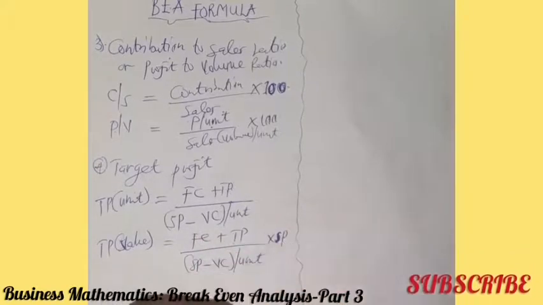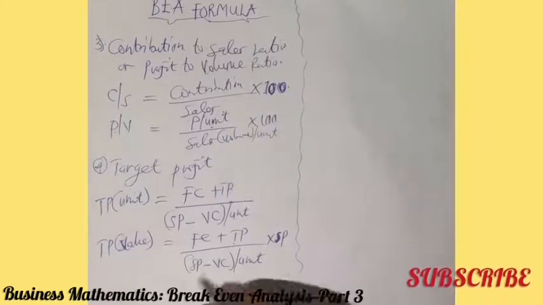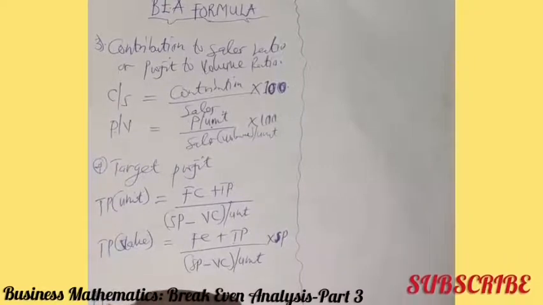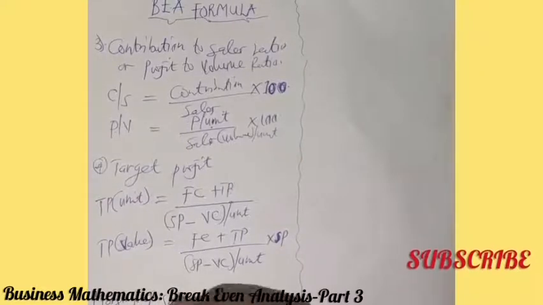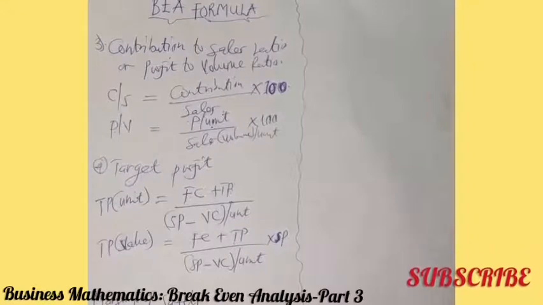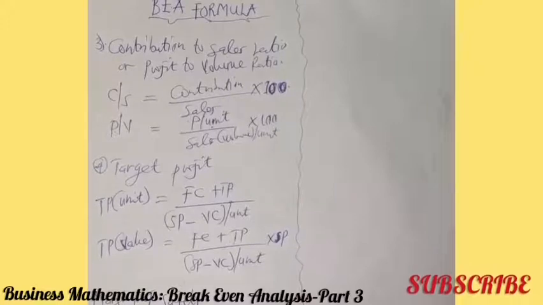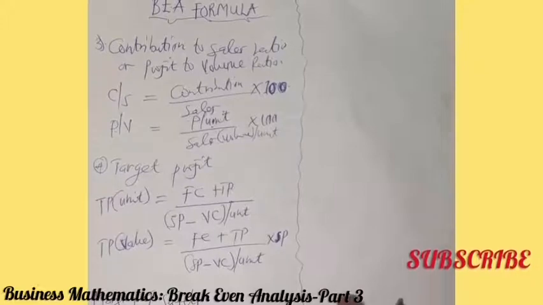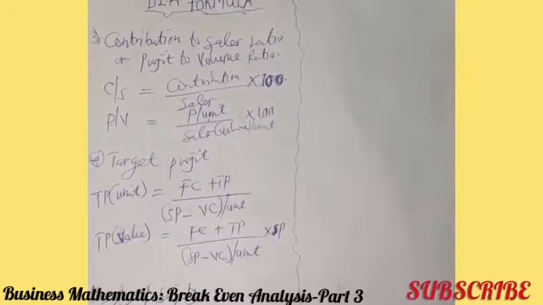Then lastly, we can talk about margin of safety. That's what I want to talk about. Margin of safety, as we discussed in the second session that we had, is the level beyond the break-even point at which the organization can make a profit.